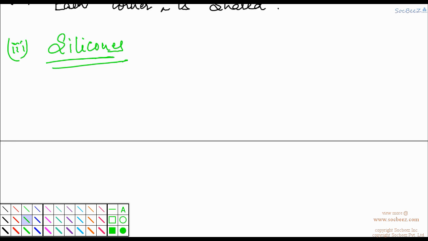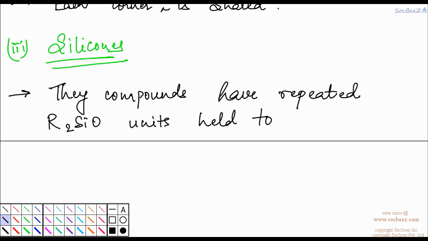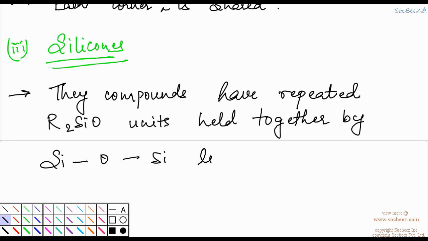The important feature is that these compounds have repeated R2SiO units held together by Si-O-Si linkage.